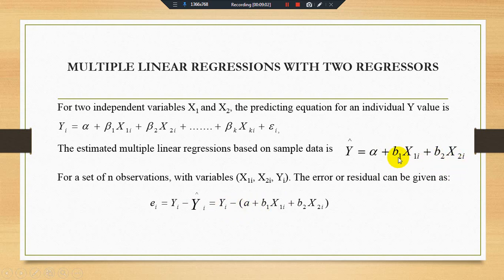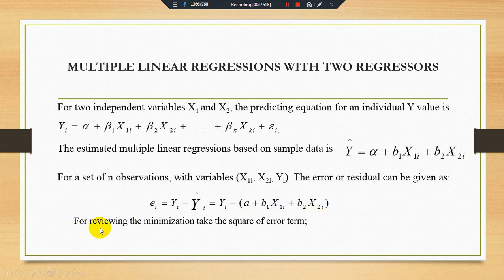We put this estimated value in the place of y hat, and we get ei equals yi minus (a plus b1 x1i plus b2 x2i).